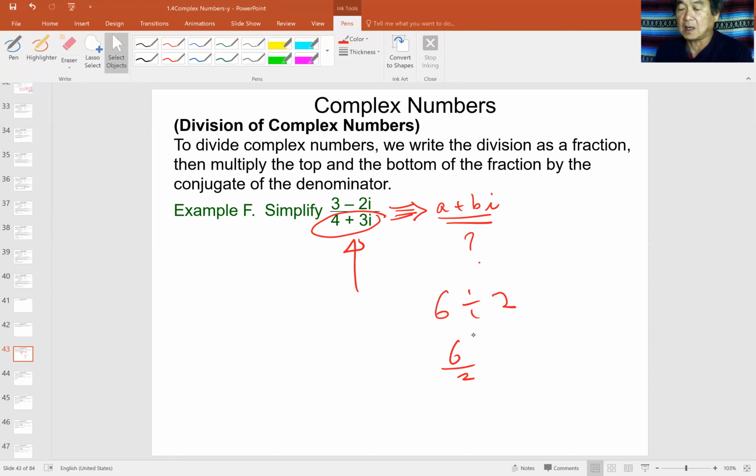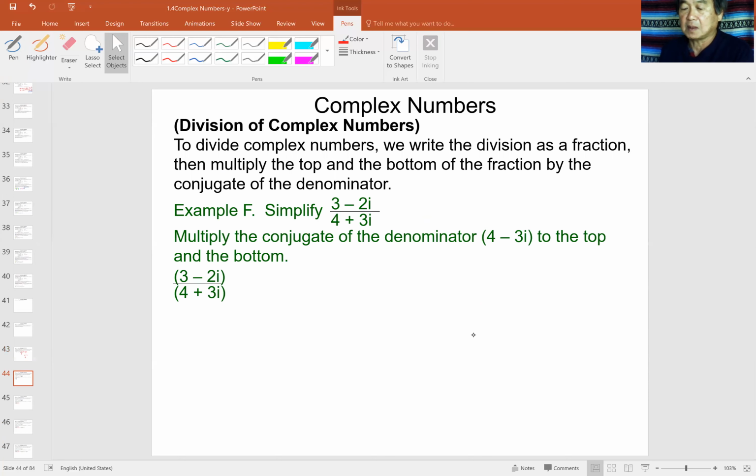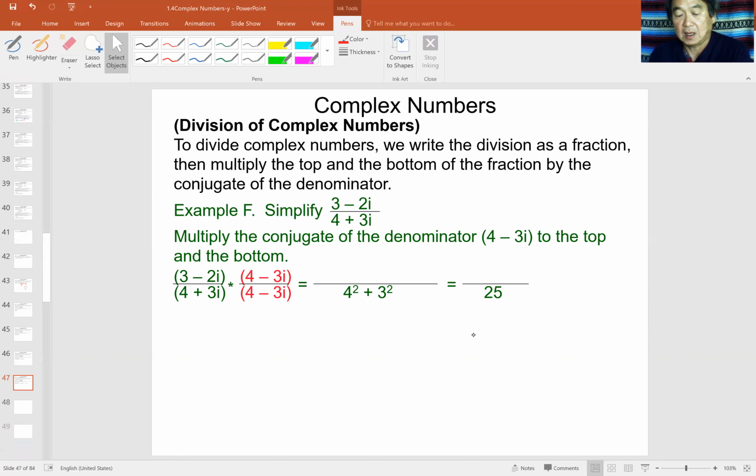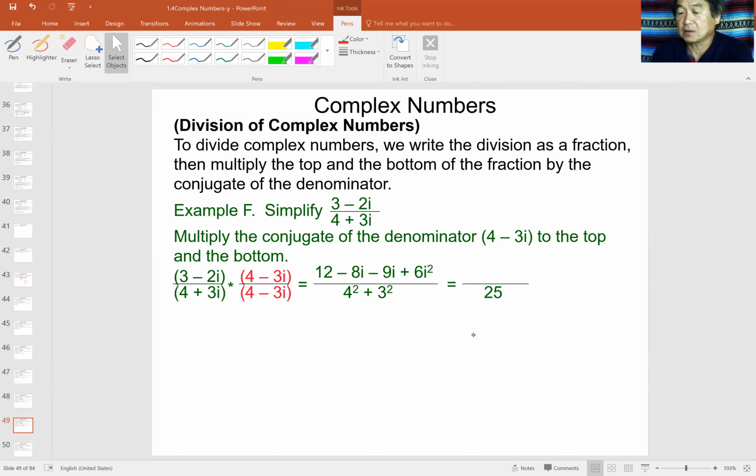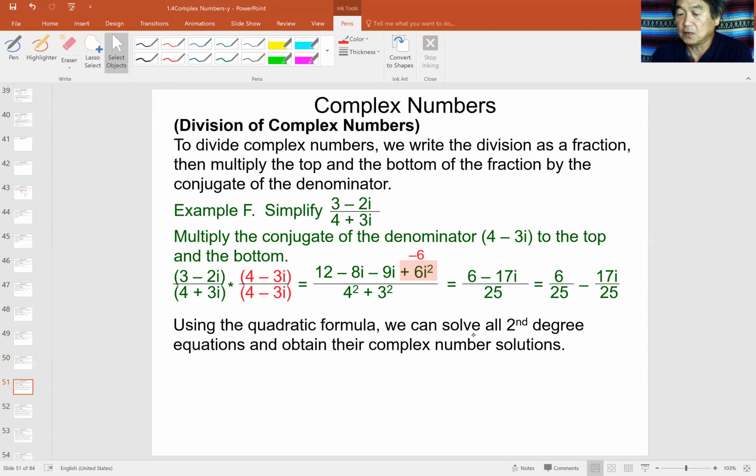We skirt around the problem. We change the problem by using the complex conjugate of the denominator. And why? Because now the denominator transforms into 4 squared plus 3 squared. That's a real number. And the top we can FOIL out, whatever it is. And it turns into a question of dividing by 25. So that's how I get the complex answers for divisions.